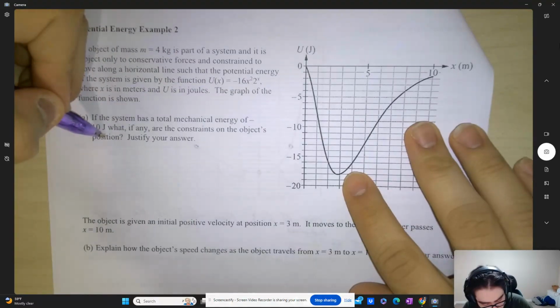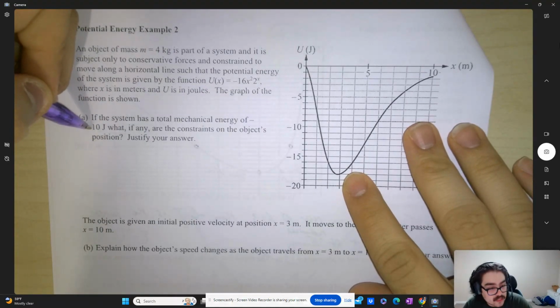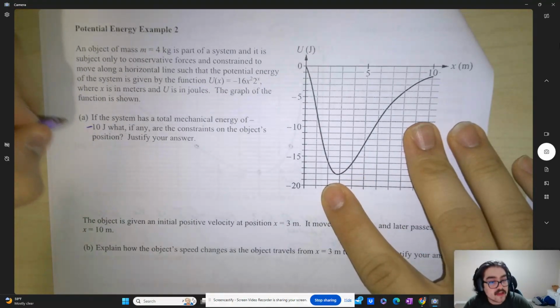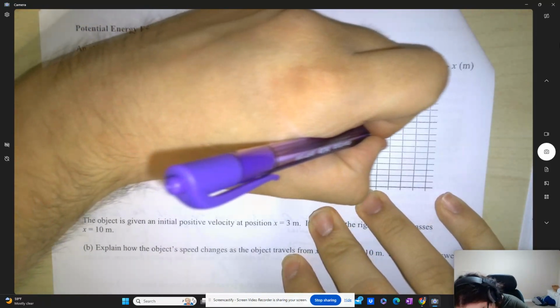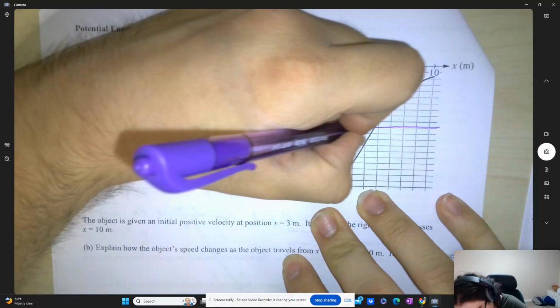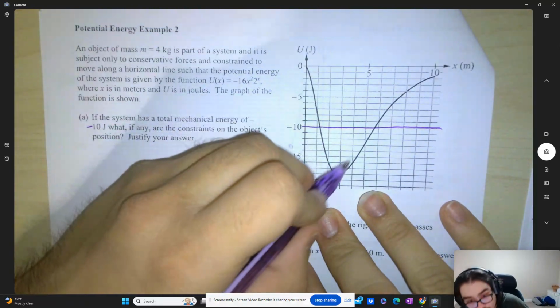Well, if the total energy is, oh sorry, that's negative 10 joules. Sorry, the negative kind of got cut off right there. If it's negative 10 joules, then I'm going to draw a horizontal line at the negative 10, and the particle must oscillate within the little bowl here.